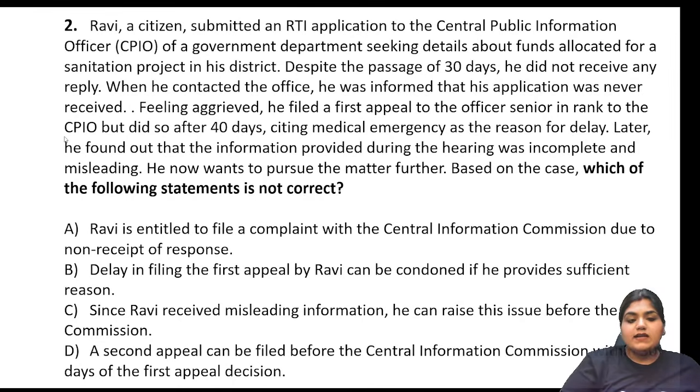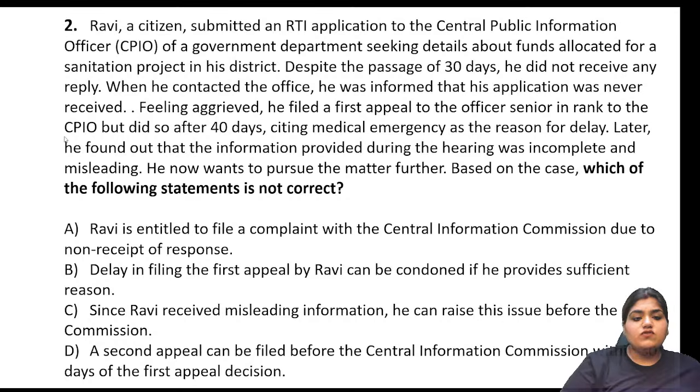When he contacted the office, he was informed that the application was never received. Feeling aggrieved, he filed a first appeal to the officer in rank senior to the CPIO, but did so after 40 days, citing medical emergency as a reason for delay. Later, he found out that the information provided during the hearing was incomplete and misleading. He now wants to pursue the matter further.